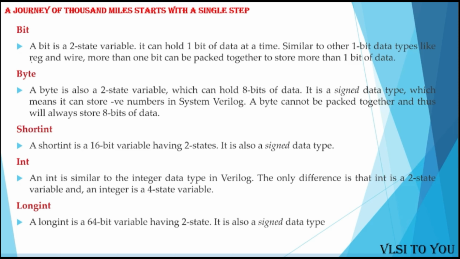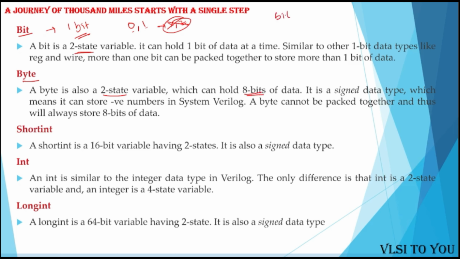So when it comes to bit, from the name itself you could say it means a single bit. It can hold only one bit of data, and it is a two-state variable. From the two-state variable you can understand that it can hold 0 and 1. It doesn't have x and z values. Clear? So byte is also a two-state variable and it can hold 8 bits.